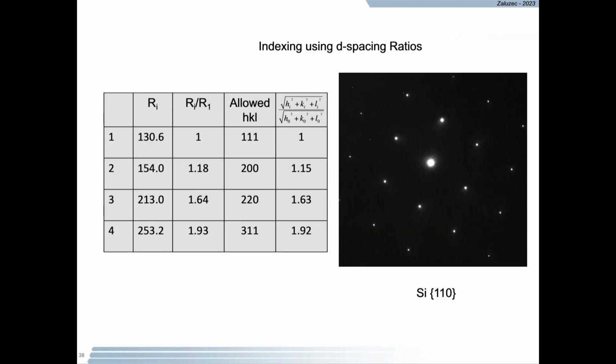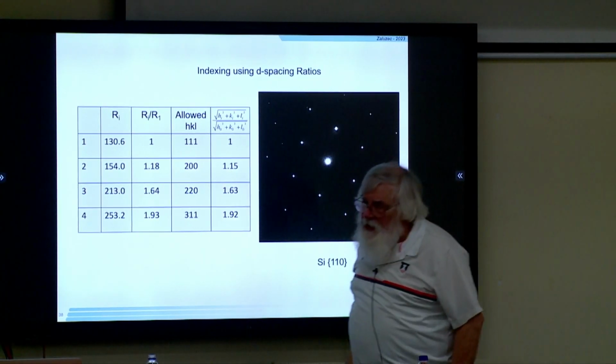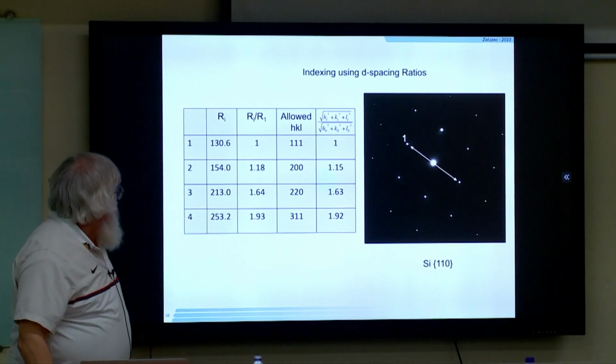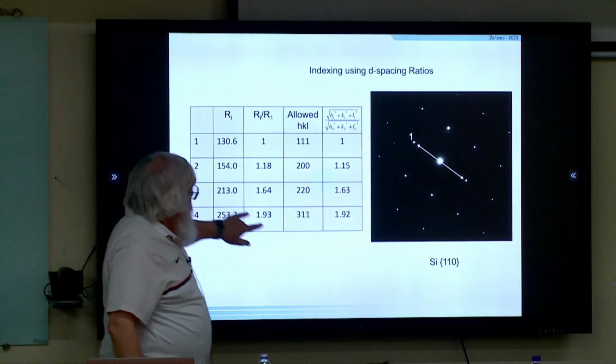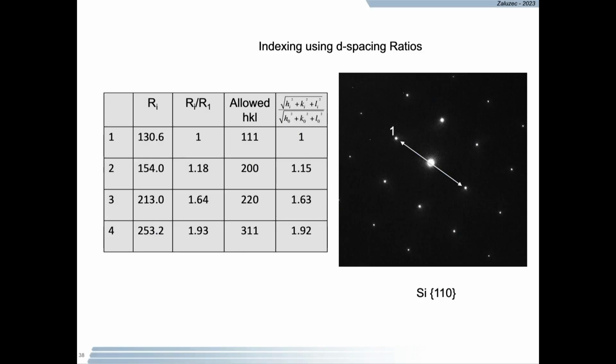So here is, again, silicon. We've got a nice squashed hexagon now. I measure the distance between those two, I call it R1, R2, R3.